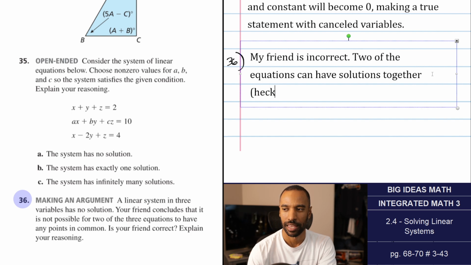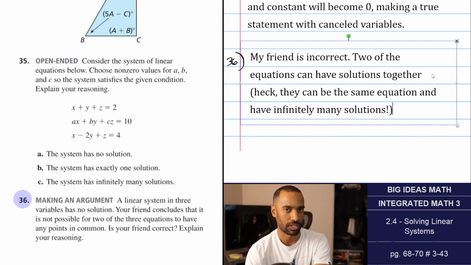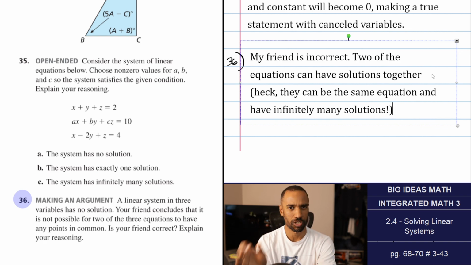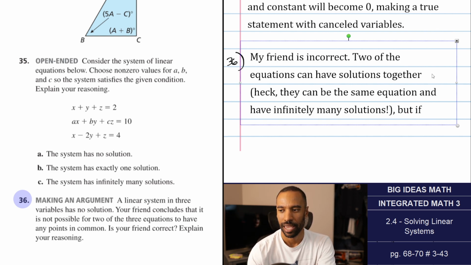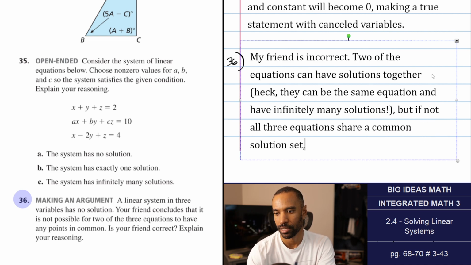Heck, they can be the same equation and have infinitely many solutions. And that was like that last substitution problem in that set of 10. If not all, I guess this might be a weird sentence, if not all 3 equations share a common solution set, then it'll still be no solution.